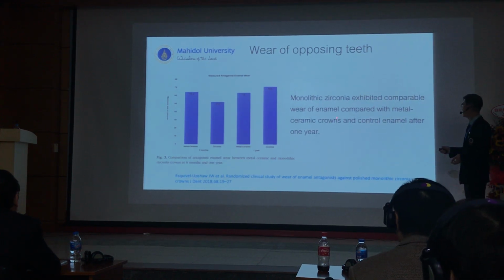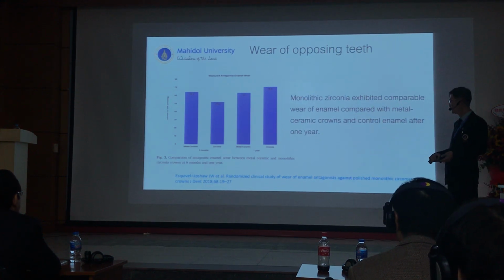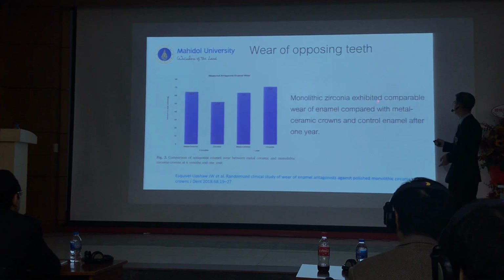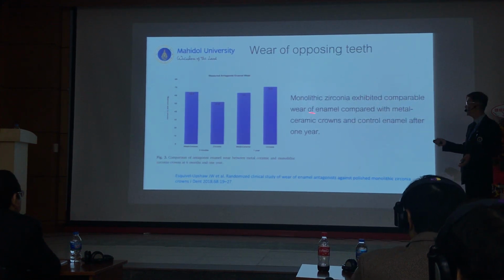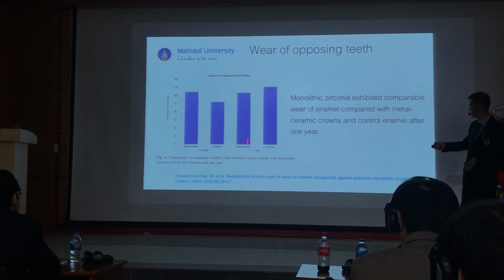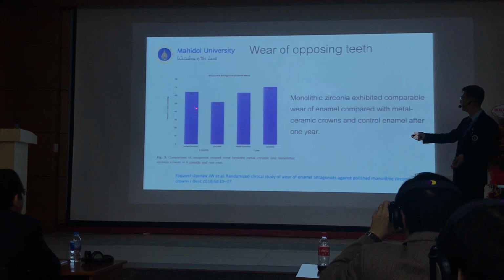There are a lot of studies. This is one clinical study by my colleague at the University of Florida. She found that monolithic zirconia exhibited comparable wear of enamel compared to porcelain or metal ceramic. There's no difference. After 6 months and 1 year, maybe in the first 6 months a little bit less wear. After 1 year, it's comparable.